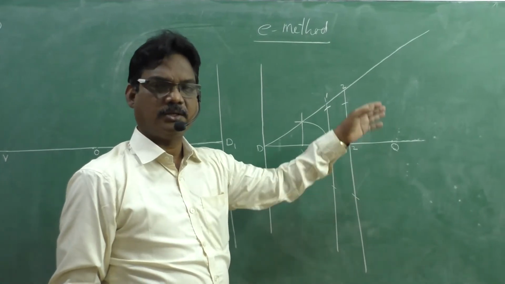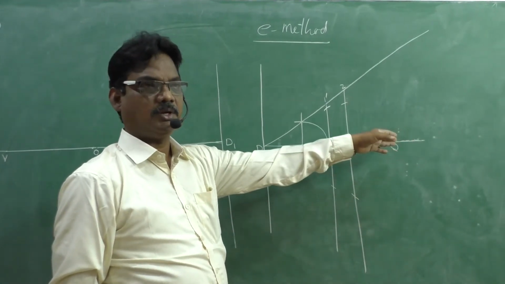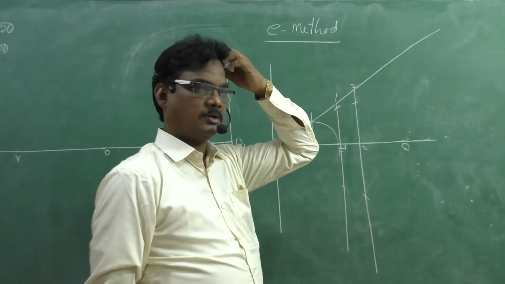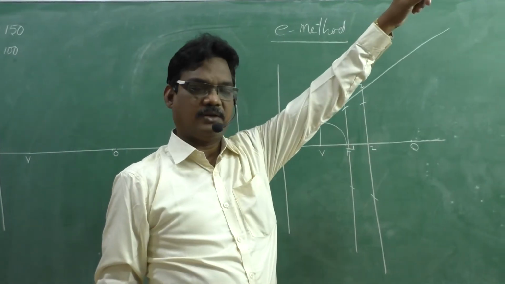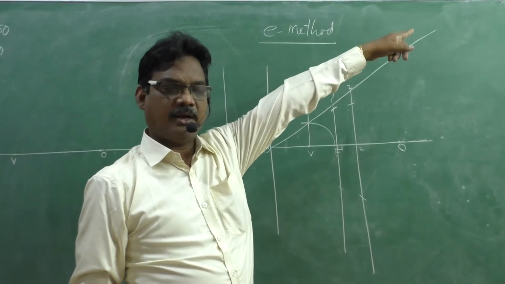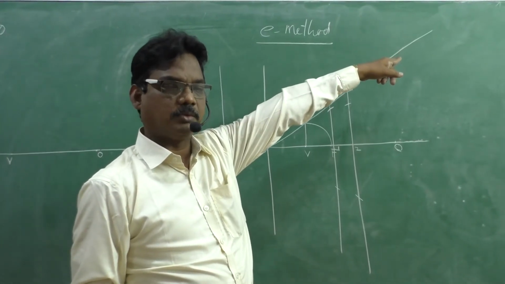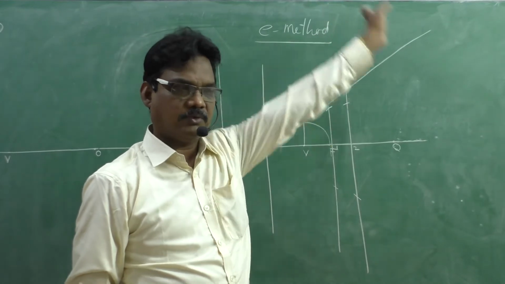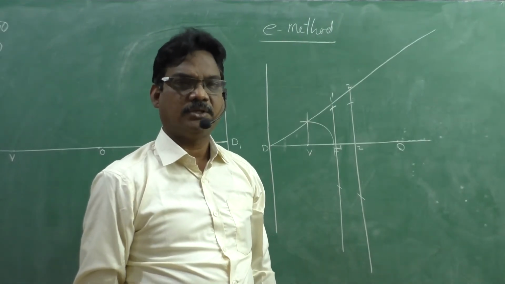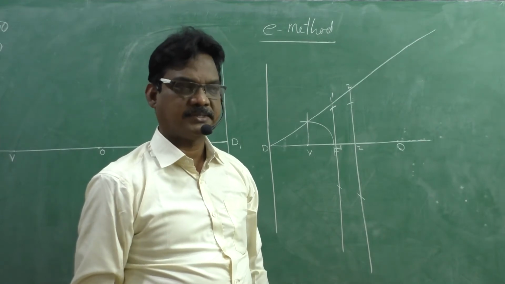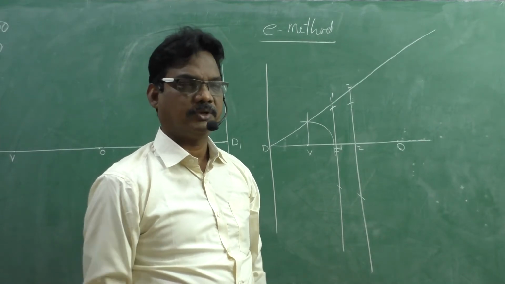To find the end point, what we did: from F, we draw a 45 degrees line, and we identify the intersecting point with the proportionate line. After that, we draw a vertical line that gives us the other end of the major axis. Okay, so the length we can find.